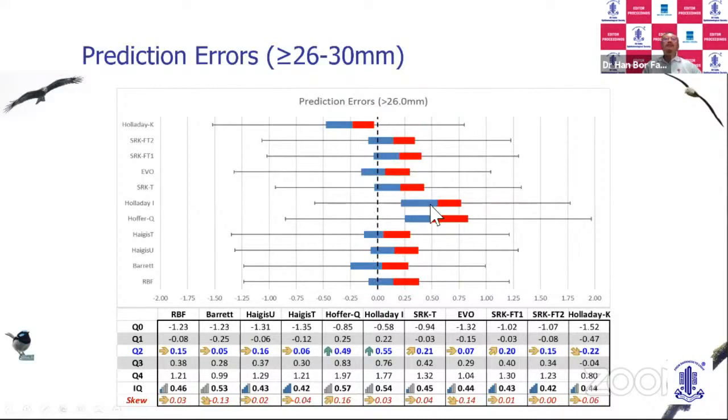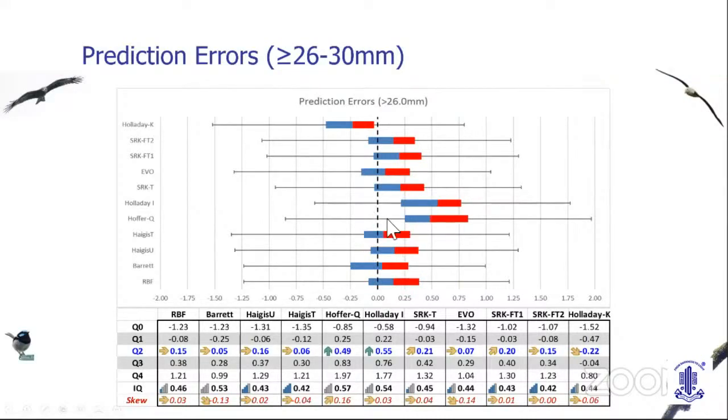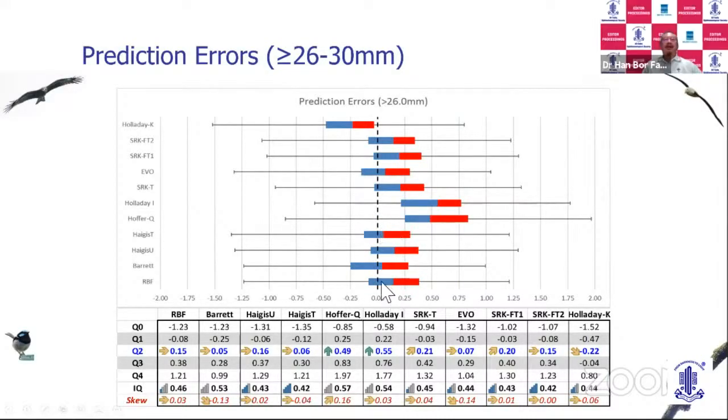This is using the same population-based optimization. RBF is slightly on the hyperopic side, but it's not too bad. It's quite compact. Barrett is good. EVO here is actually very good and more or less in the center.